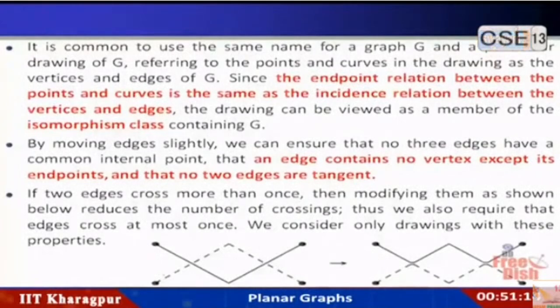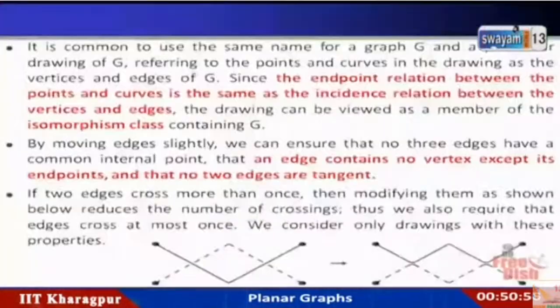The drawing can be viewed as a member of the isomorphism class containing G. By moving edges slightly, we can ensure that no three edges have a common internal point, that an edge contains no vertex except its endpoints, and that no two edges are tangent.